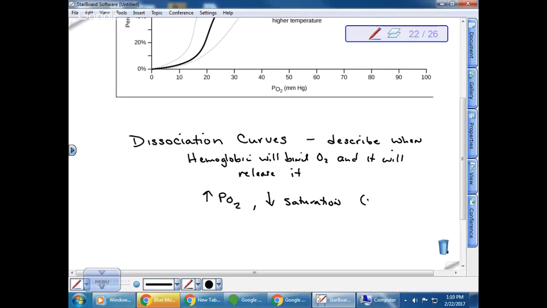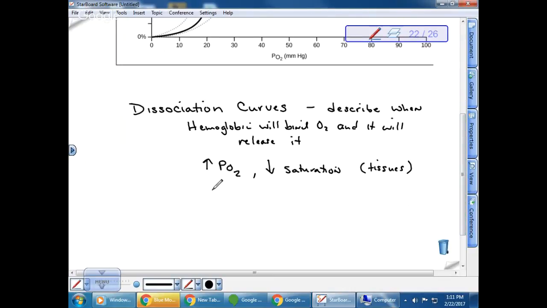And this would be in the tissues. As we increase the partial pressure, we increase saturation. So this would be in the lungs.